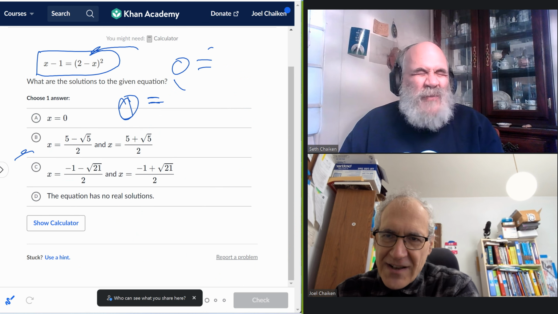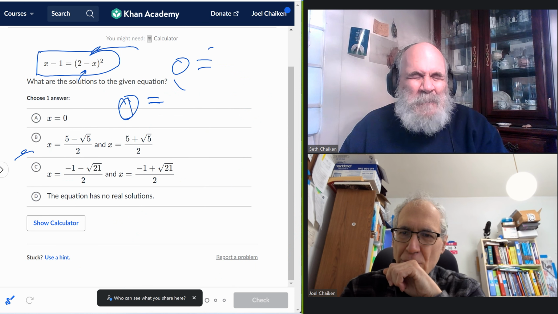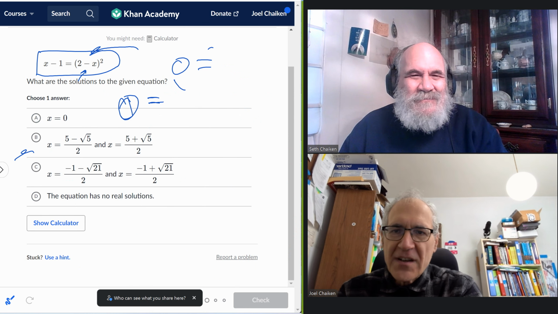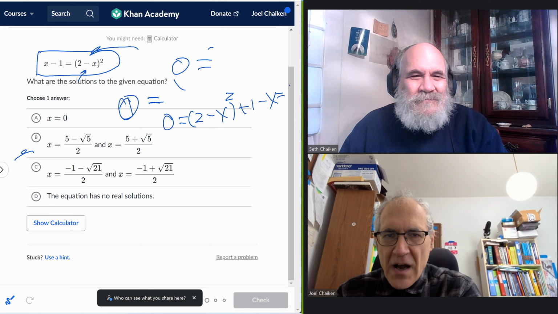Notice I use a little trick. If you have a calculator, you could plot it. Good point. You could go 0 is equal to 2 minus x squared plus 1 minus x, and make this a y.